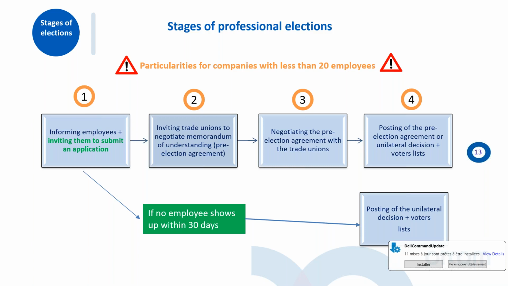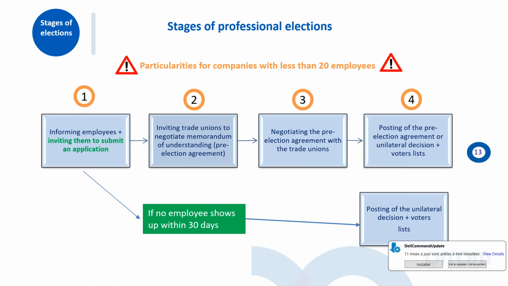So you'll have to invite the trade unions on step 2, 2 months before your elected members' mandate ends. It's very important when you already have a CSE in place in the company to anticipate the end of the mandate in order to be compliant with the deadlines.